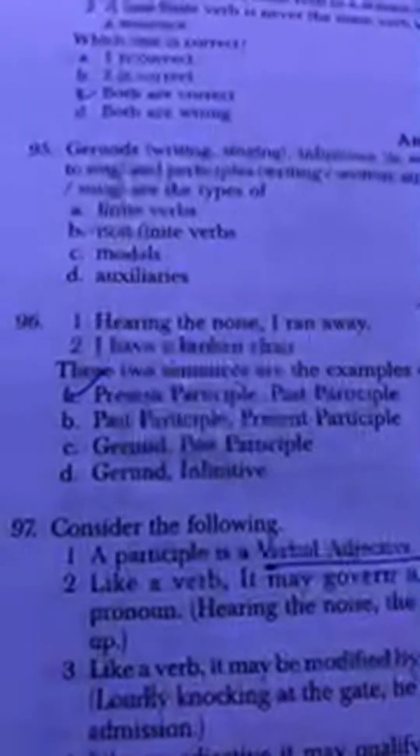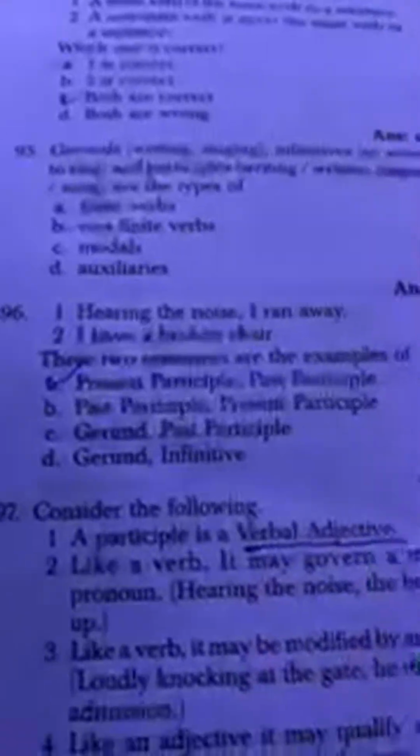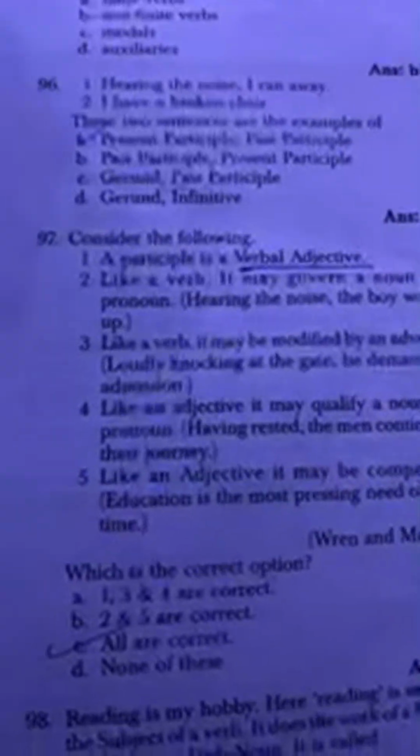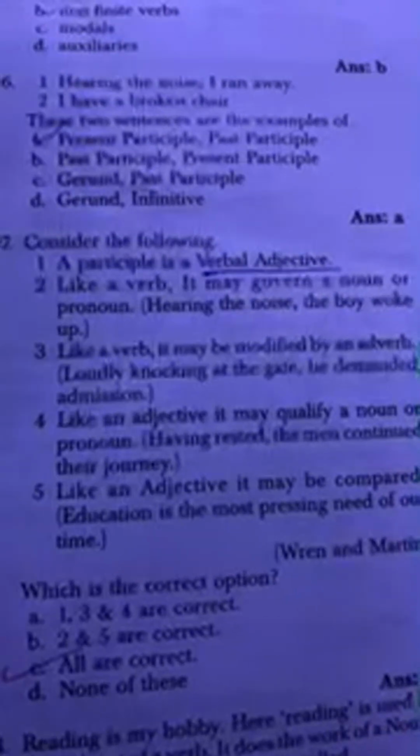Hearing the noise, I ran away. I have a broken chair. The two sentences are examples of, see, in the first one, hearing, so present participle. In the second one, broken, so it is a past participle. Consider the following. A participle is a verbal adjective.